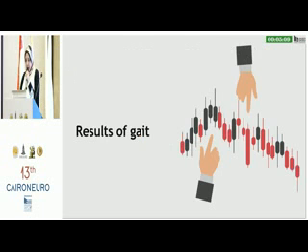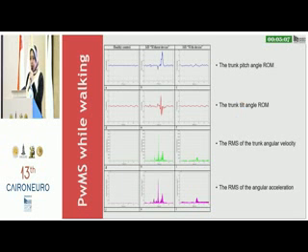Results of gait. The gait assessment for patients with multiple sclerosis is done twice: once without using the smart assistive device, and again after 1 week of training using the smart assistive device.